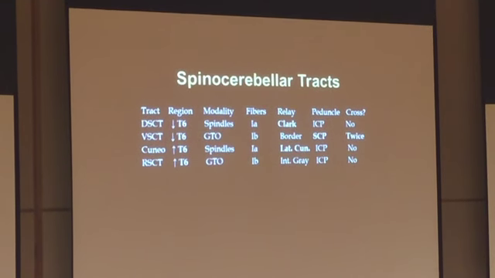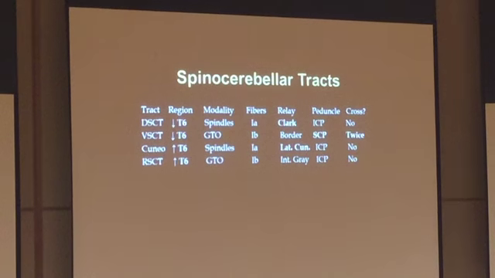Basically, any little movement of the muscles activates muscle spindles. So in real time, we're continuously getting information to the cerebellum from muscle spindles, and for the ventral spinocerebellar tract, it's Golgi tendon organs. The 1A fibers are the fastest sensory fibers that we have, so it's a little bit faster for the dorsal spinocerebellar tract.